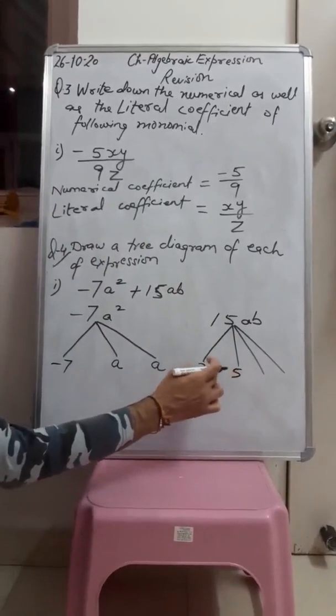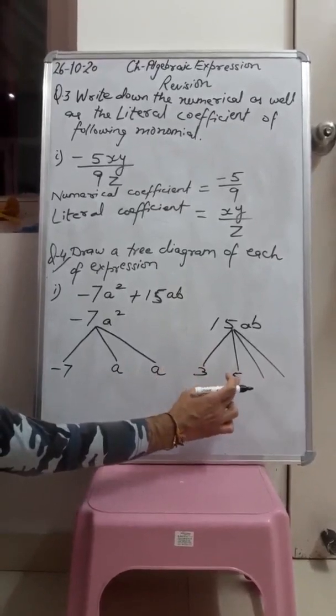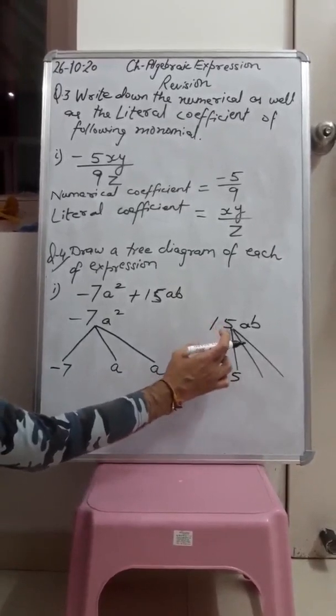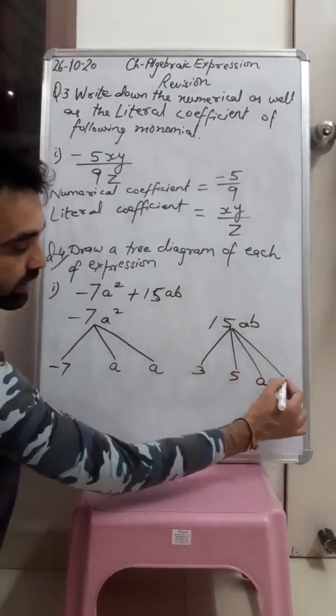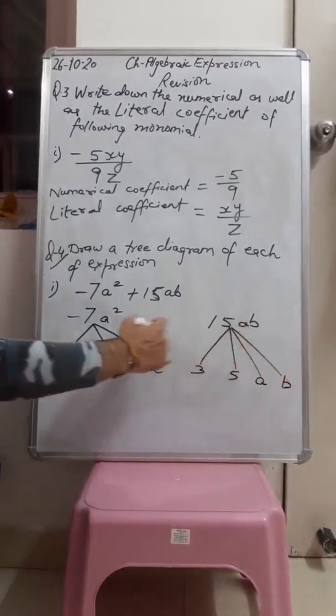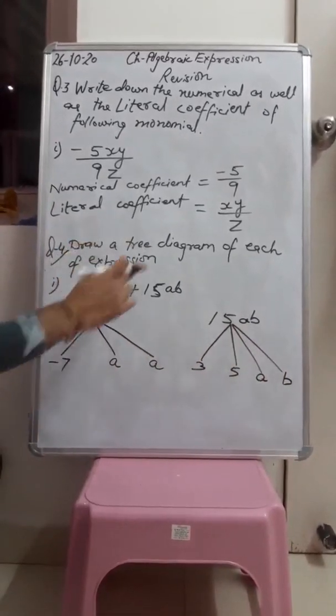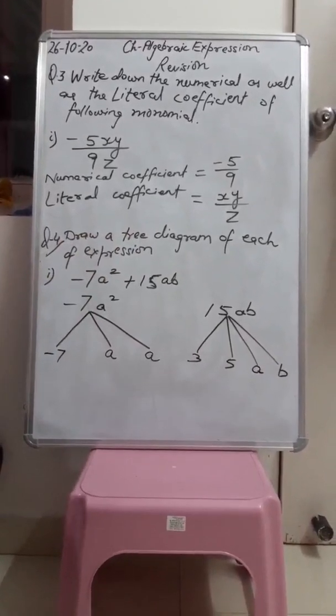Both 3 and 5 are prime numbers, and there are no factors of prime numbers, so we write the prime factors as 3 and 5. The third factor will be a, and the fourth factor will be b. In this way we can draw a tree diagram of the terms in an algebraic expression.